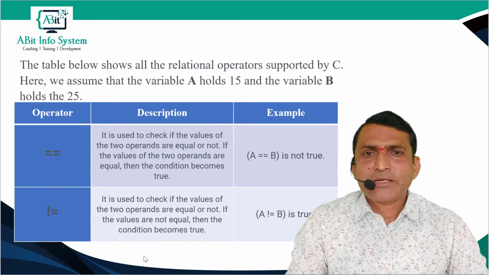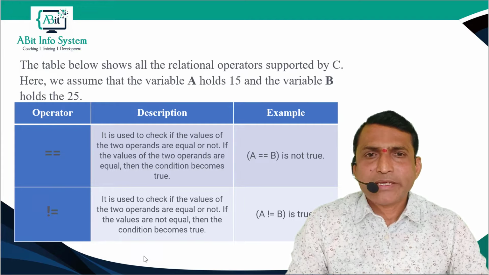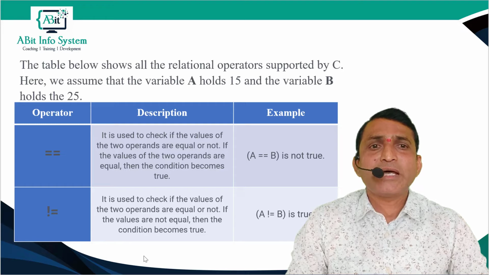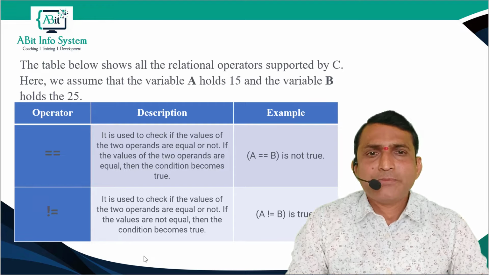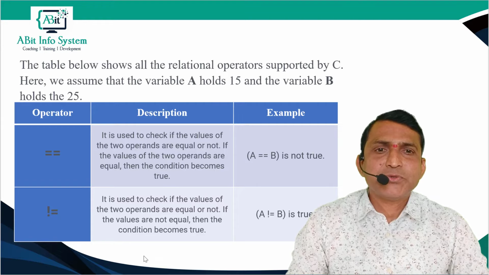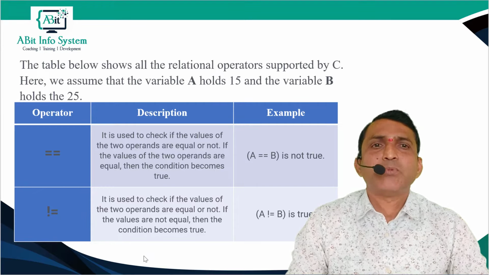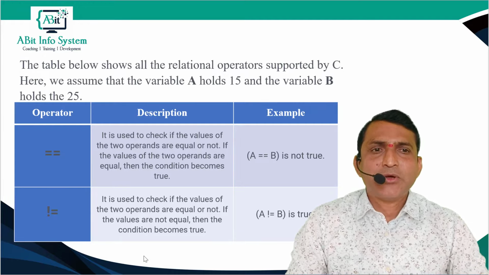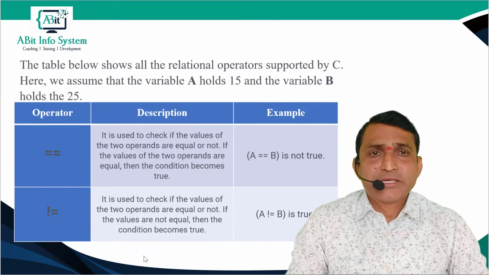So the first operator is double equals to. It is used to check if the values of two operands are equal or not. If the values of the two operands are equal, then the condition becomes true, else the condition is false. The example A equals to B is not true, so it will return 0.